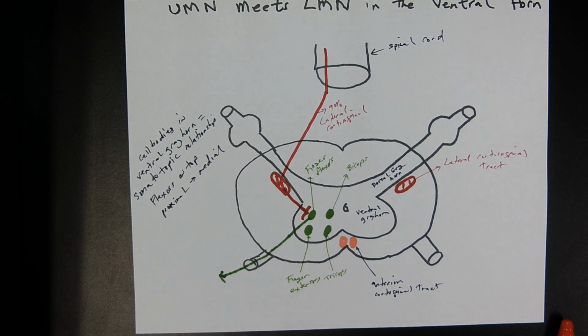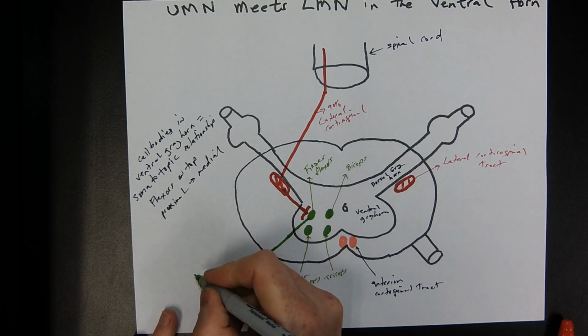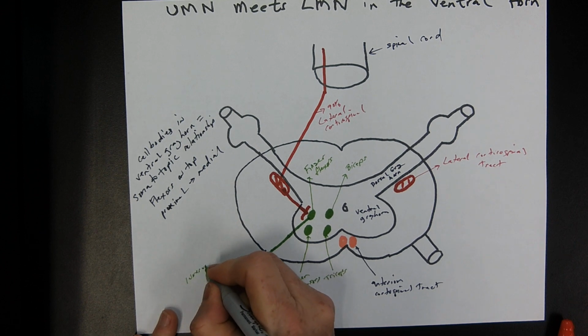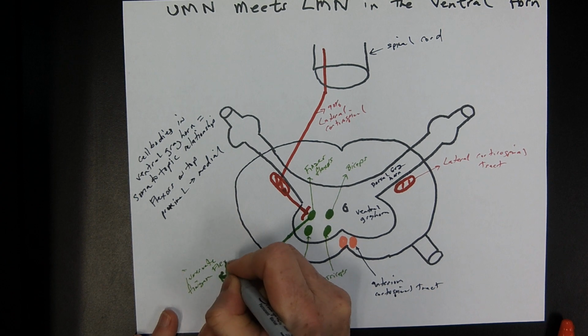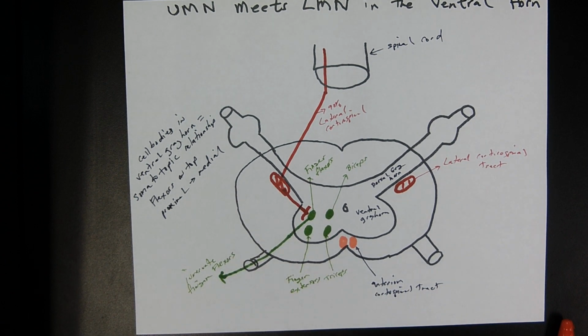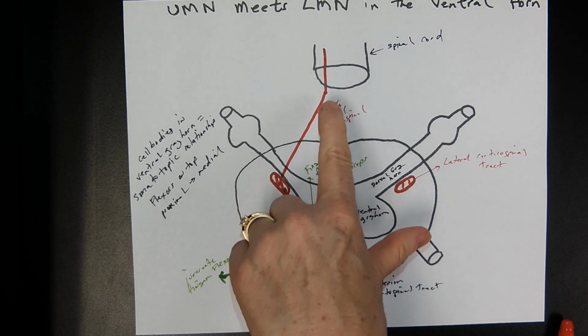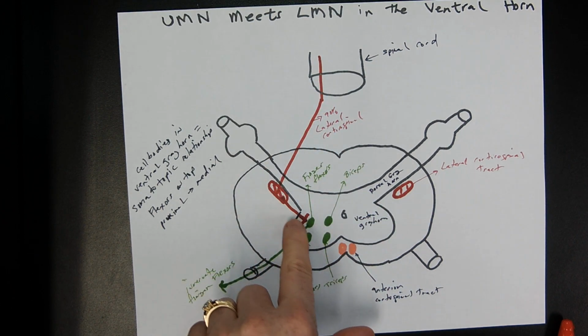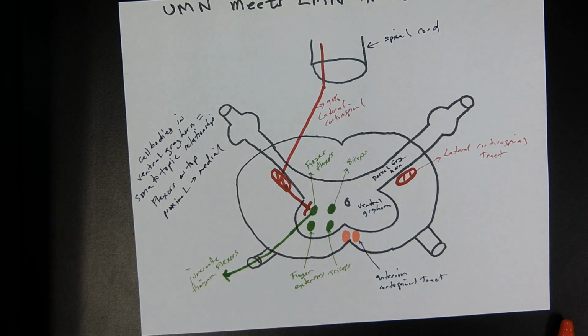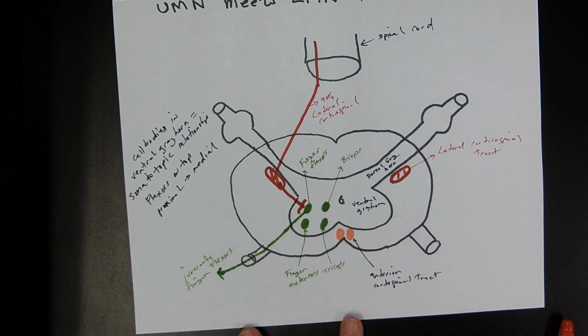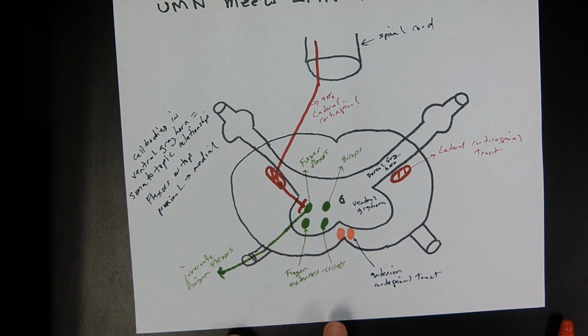And those are going to innervate finger flexors. Does everybody see that? All right, it could be any. I could have had this lateral corticospinal tract go to finger flexors, biceps, could have gone anywhere. But the idea is if it goes here, it's going to be more distal and it's going to be a flexor muscle. Okay.